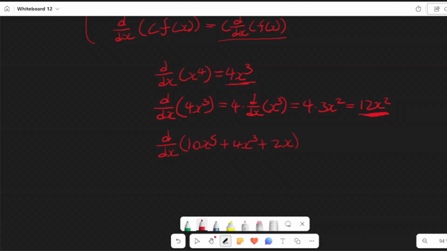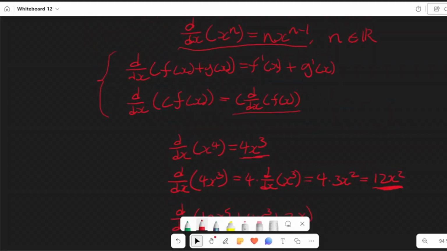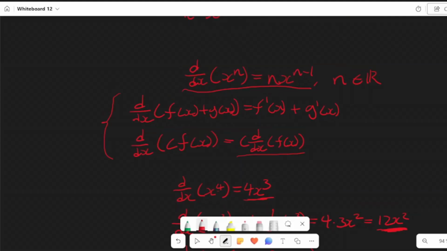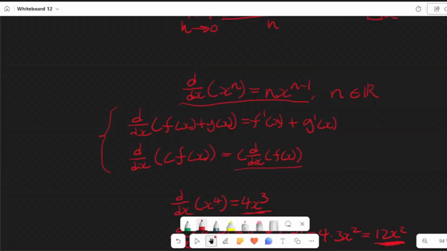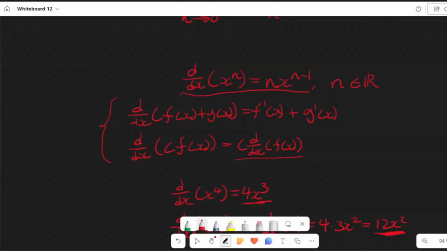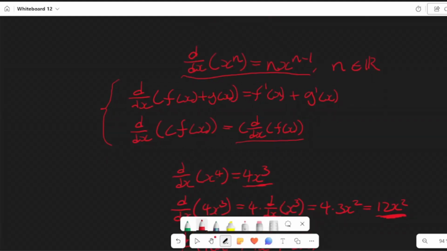So what can we do? Well, try to figure this one out by yourself using these three properties. I know that my style of writing might not be the best, but if you know the properties that I've shown here, you should technically be able to solve this.